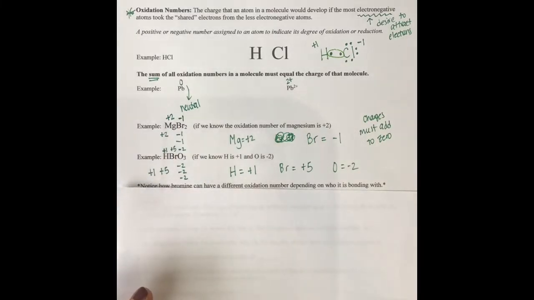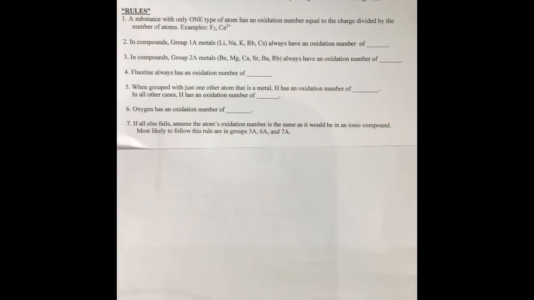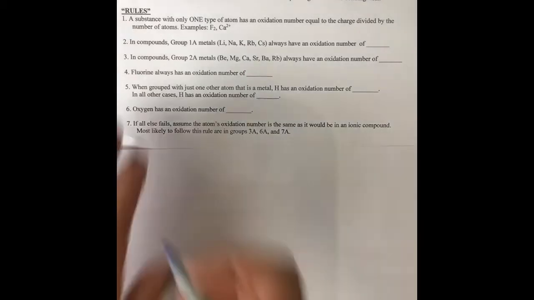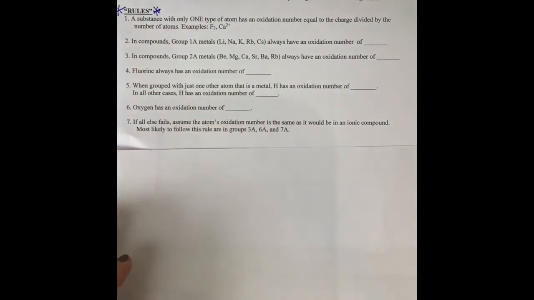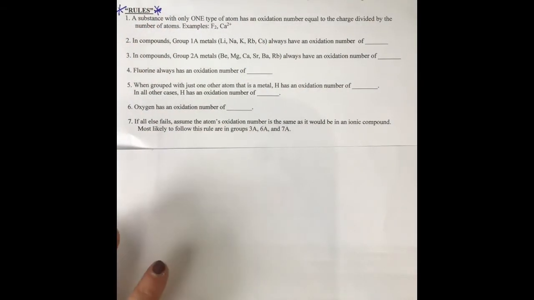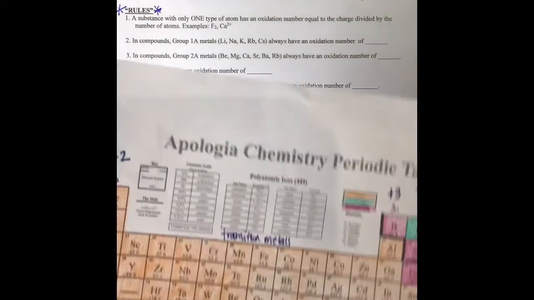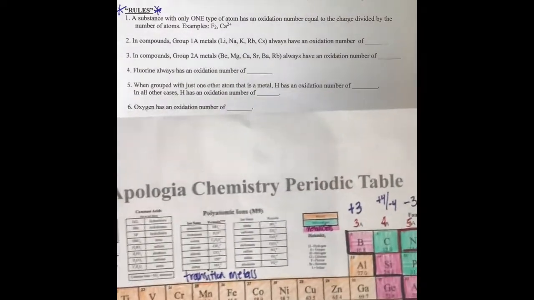in each individual case. Let me go through and give you some rules that you can follow almost all of the time to know how to assign oxidation numbers for the examples that you're given. I would like you to have your periodic table handy so you can follow along with where I'm getting these numbers from.